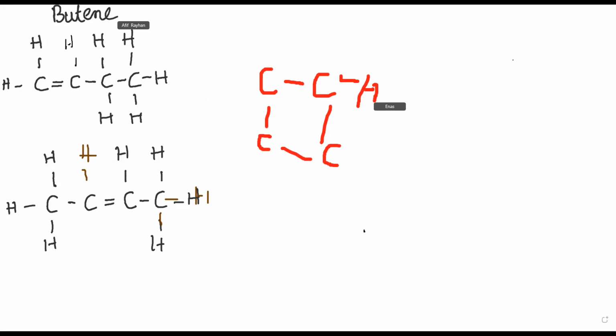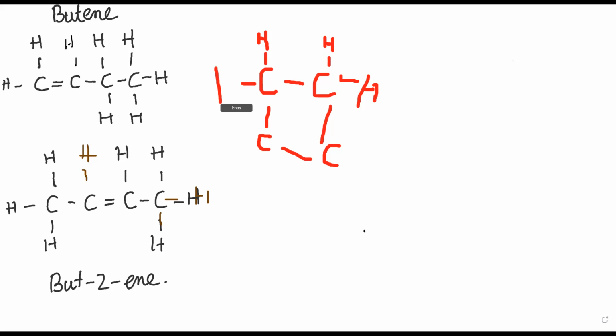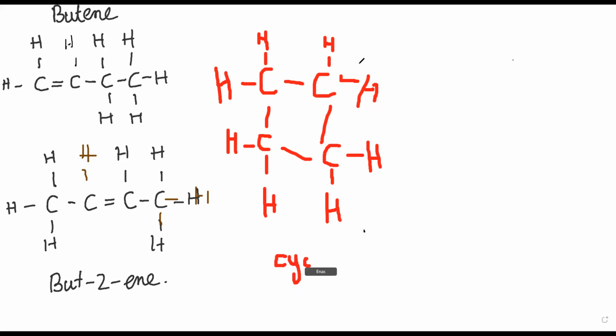You can draw the cyclic one as well. So these are the three isomers: butene, butene or cyclobutane.